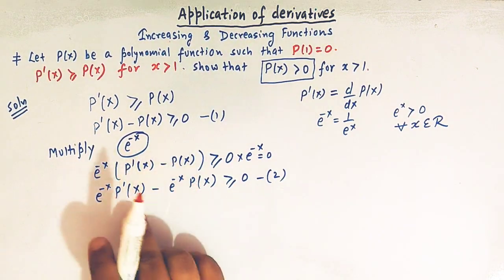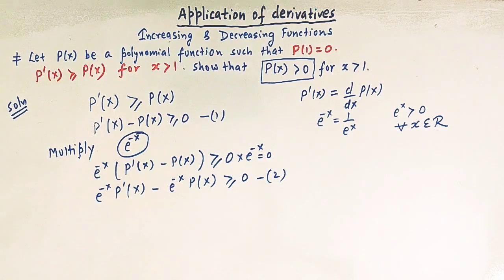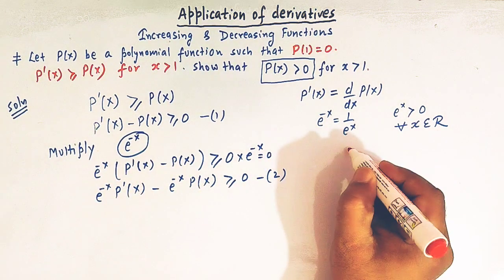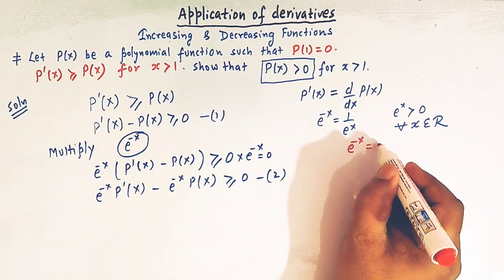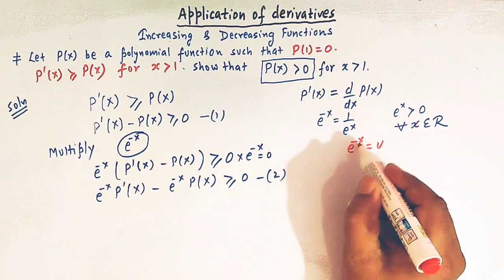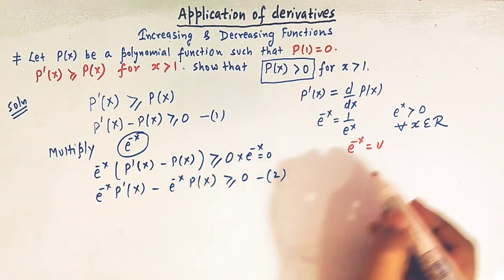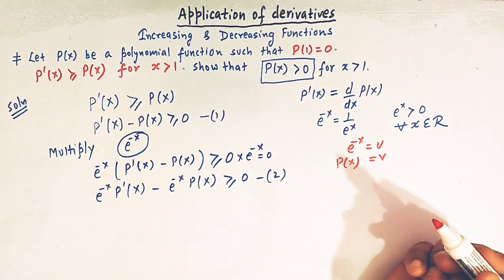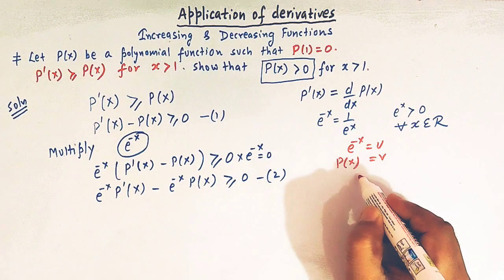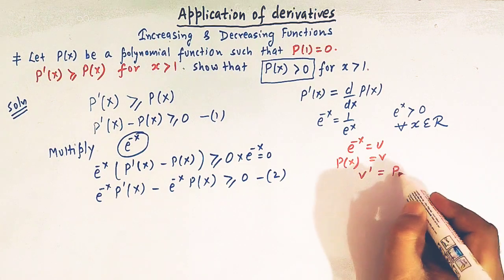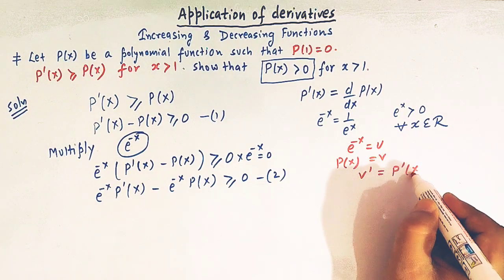So here we observe an important result. See, if we take u as some function of x, which is e raised to minus x, and let us take v as the function p of x, so v prime is obviously equal to p prime of x.